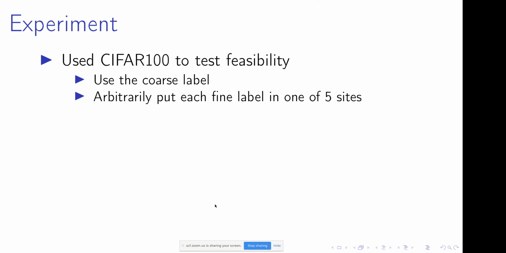Yeah. Okay, so we understand that, right? So there's a fine-grained label under each of the coarse labels. So here, you arbitrarily put each fine label in one of 5 sites. What do you mean by this? Like, how do you distribute the labels?